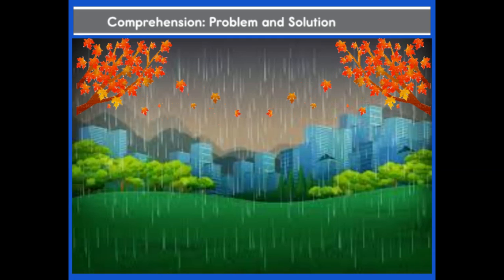So listen carefully. Let's imagine that it is Monday morning and you are getting ready for school. You look out the window and see dark clouds and rain instead of the sun. The wind is blowing leaves off the trees. What kind of clothing and other things will you need to prepare for this kind of weather?